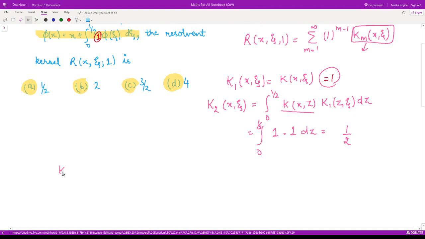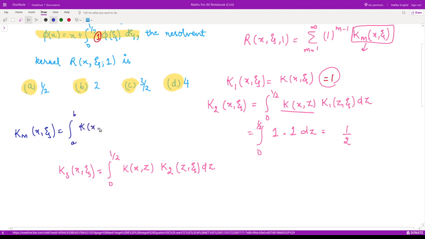So that would simply be 1 by 2, right? Now let us calculate K3(x, xi). It is integration from 0 to half of K(x, z), then K2(z, xi) dz, because what is the formula of iterated kernels? The mth iterated kernel is calculated as integration from a to b, whatever are the limits given in the question, of K(x, z), here I am changing the variable to z, and K_(m-1)(z, xi) dz, and the integration here is with respect to this z.